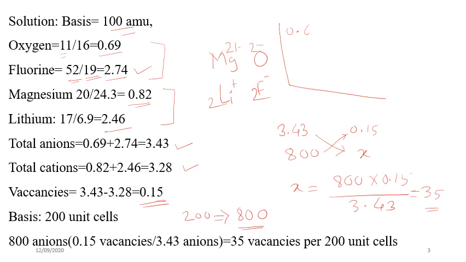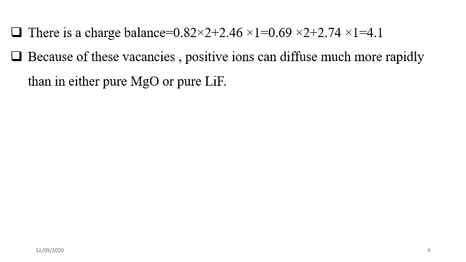So 0.69 into the charge of oxygen, that is -2, plus 2.74 into the charge of fluorine, that is -1. We will measure this, and similarly for the cations.